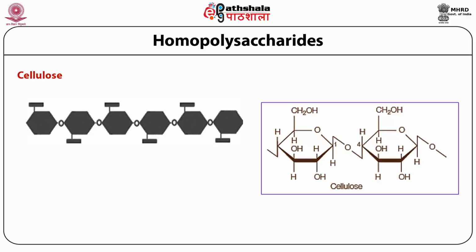It is resistant to hydrolysis and requires the action of strong acids. Cellulases capable of hydrolyzing cellulose are absent from animal digestive juice and hence it cannot be digested by human beings.